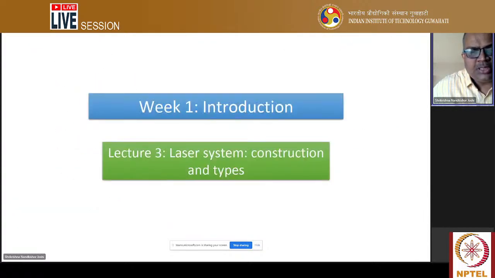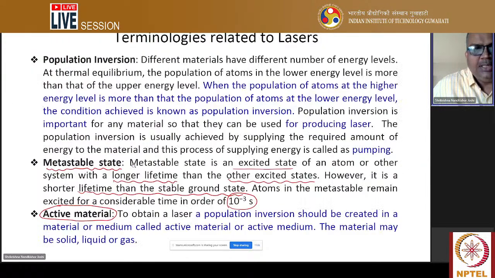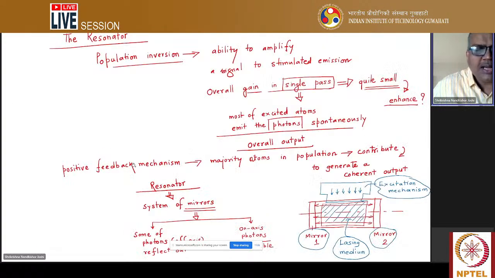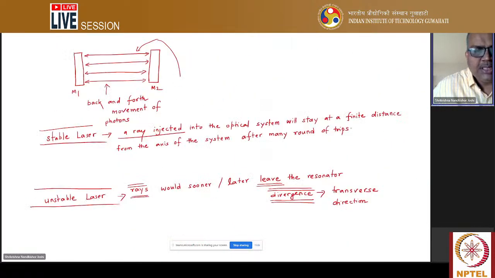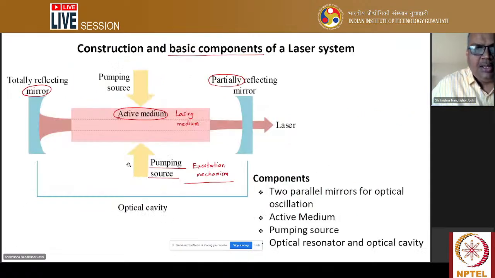After that, we started discussing the various types of lasers used in industry and their construction and types. All these lasers have some basic components. The resonator is the basic component, and we saw the construction of the resonator in detail, and the meaning of stable and unstable laser.